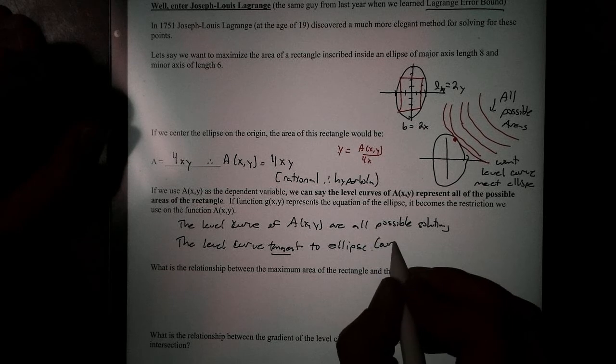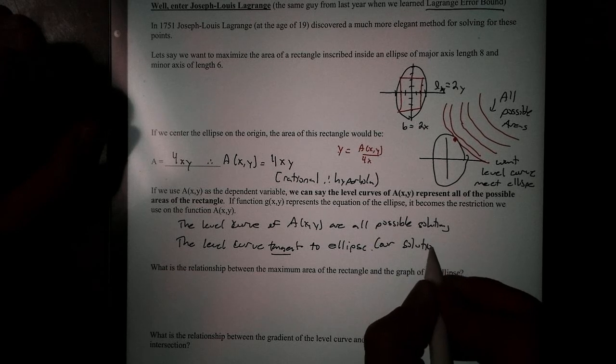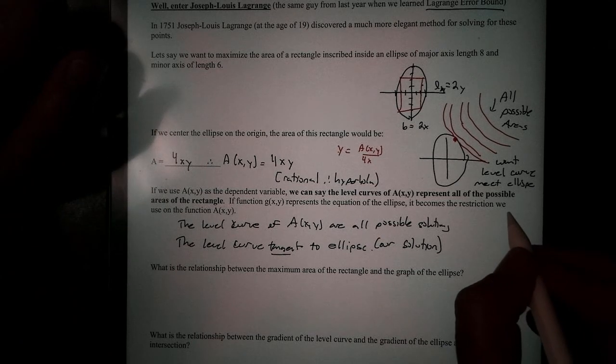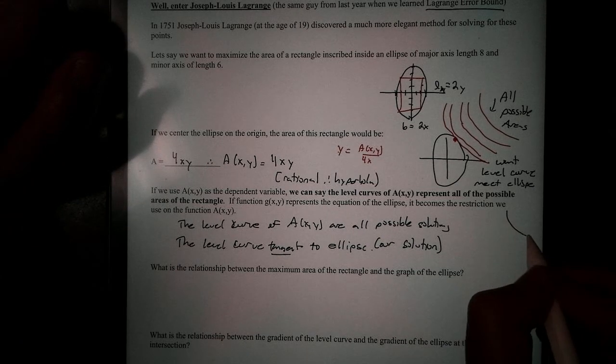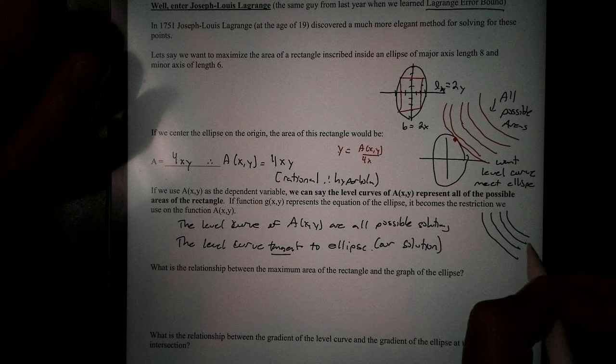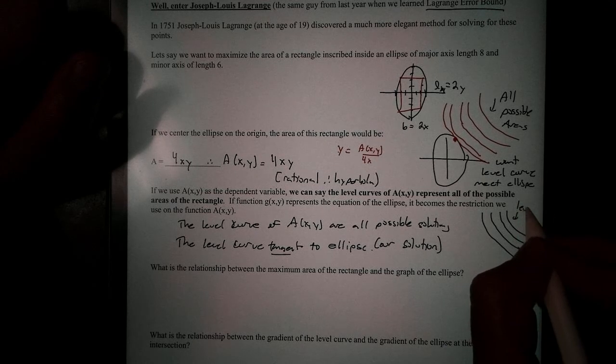That is our solution. So let's look geometrically at what we're talking about. If I draw a bunch of level curves here, hyperbolas, those are my level curves.